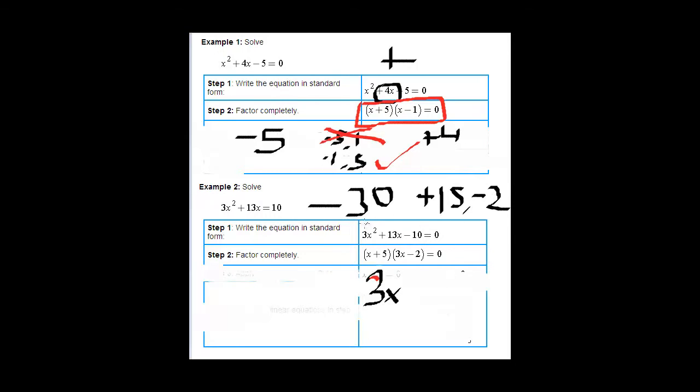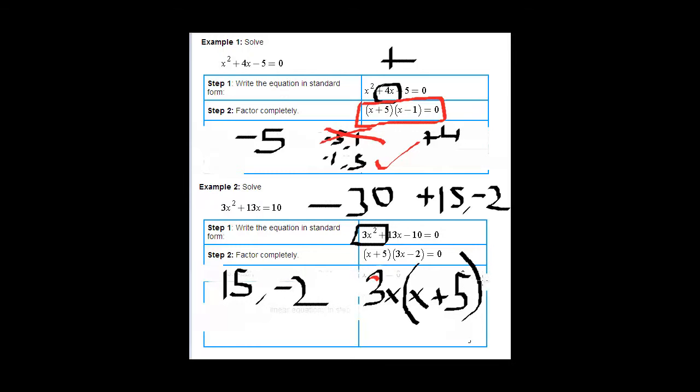So 3x times x, because we got 3x squared, so we need to make sure it equals 3x squared. 3x times x plus 5, because that's 3x squared plus 15x. We gotta basically get this out, so we got 15 and negative 2, right?